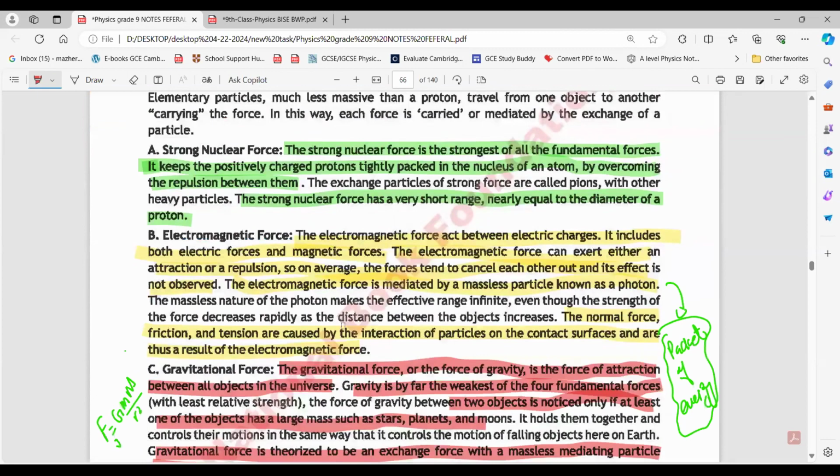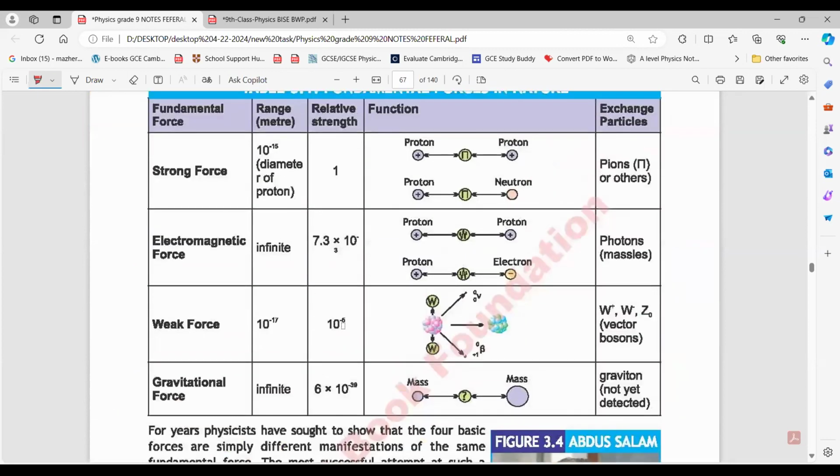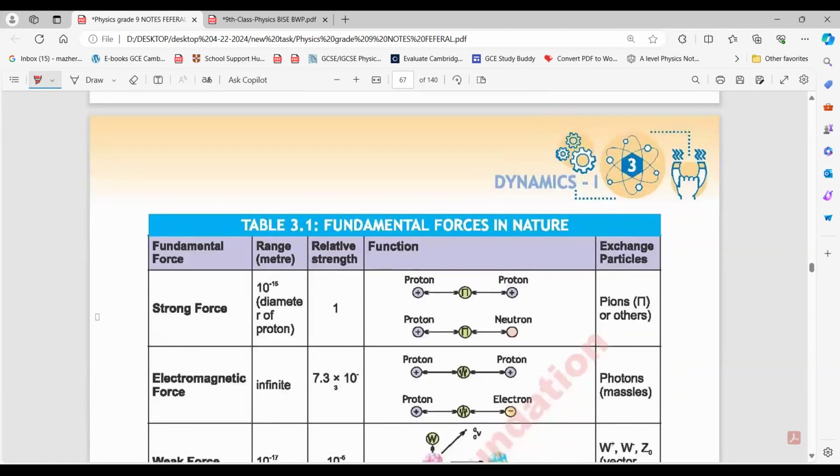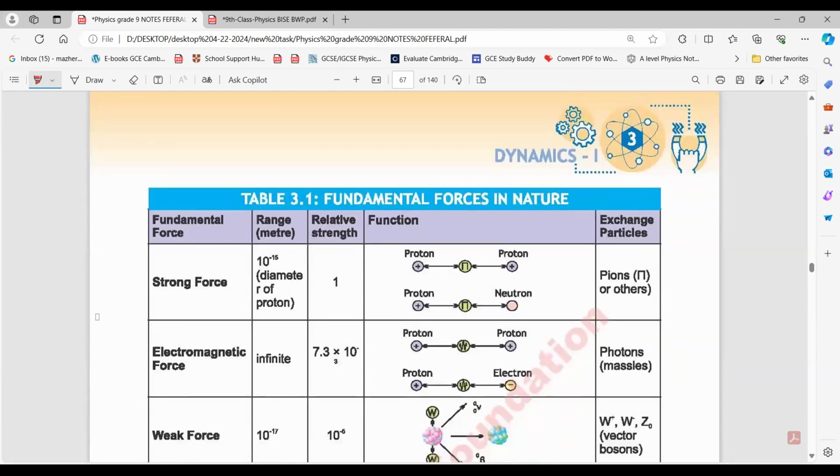Let me write a few easy points for you for the strong force, the weak force, and the electromagnetic force. When it comes to electromagnetic force, it's a long range force.